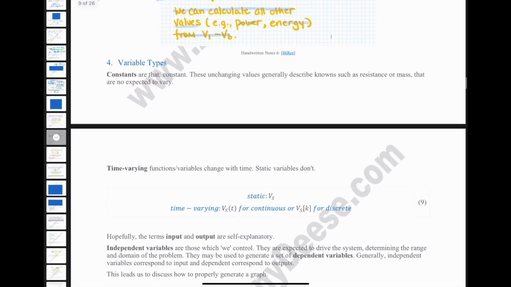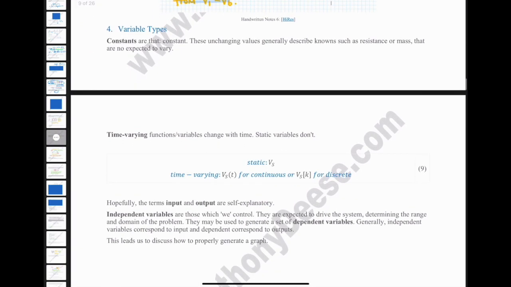Variable types. Constants are just that. They're constant. These unchanging values generally describe knowns such as resistance or mass, and they are not expected to vary. Time-varying functions or variables change with time. Static variables don't.